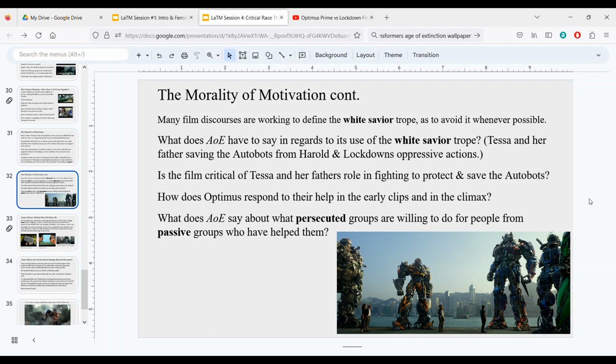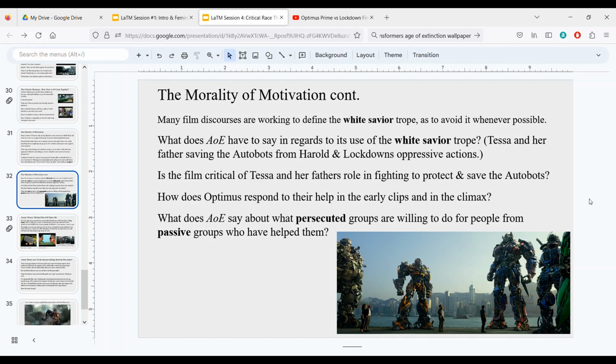Oh, absolutely. And then, do you think Age of Extinction is saying anything about what persecuted groups are willing to do for people from passive groups who have helped them? I guess they want to be heroes.